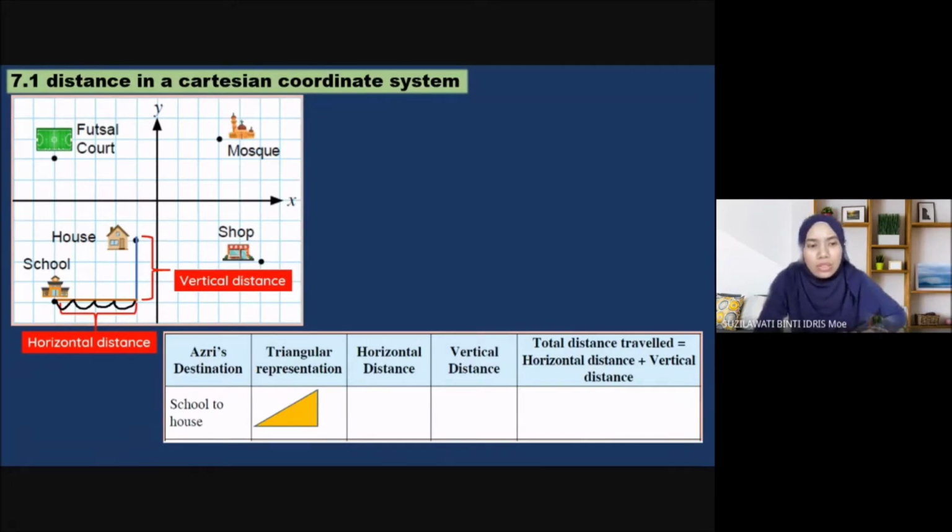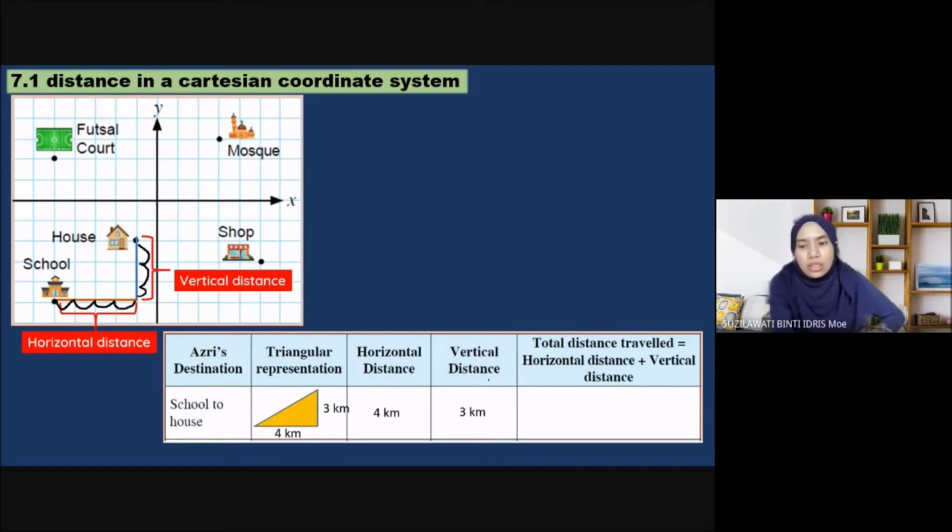So the horizontal distance will be 4. And vertical distance here 1, 2, 3. 3 unit. Jadi kita pilihkan saja horizontal distance is 4 km, vertical distance dia 3 km.